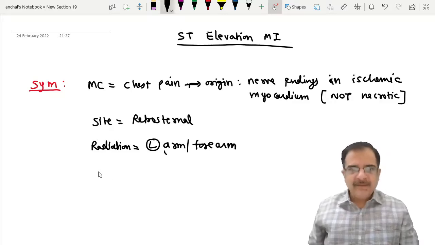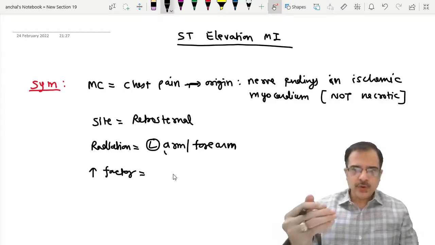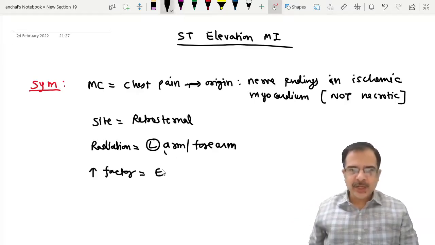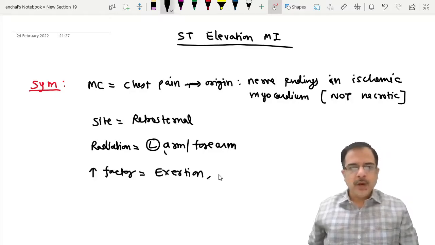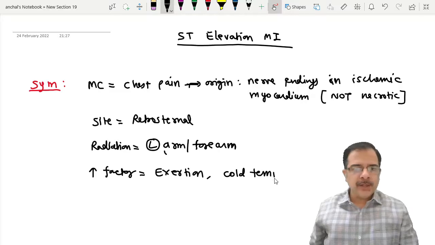Aggravating factors for ST elevation MI or myocardial infarction are either the demand is increased or the blood supply is reduced. Demand is increased by any form of exertion, like exercise or maybe a mental exertion, as well as cold temperature outside, because cold temperature causes coronary vasoconstriction.